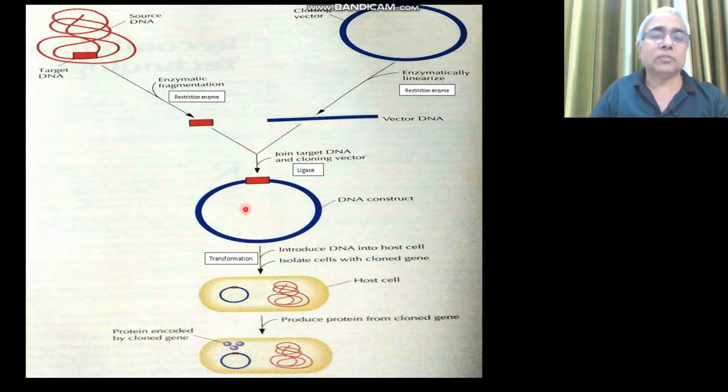The insertion of gene construct into the host cell is termed as transformation. Now this is again a very crucial step by which we can introduce our gene of interest into the bacterial host cell, and here you have to screen each host cell where this gene of interest with the vector molecule has been introduced inside the host cell.